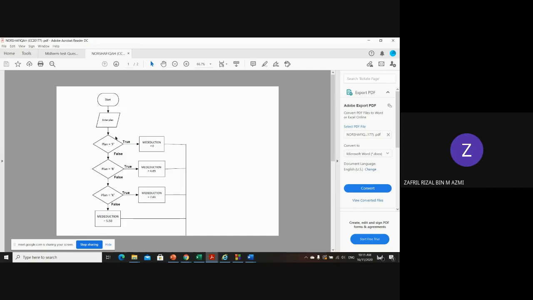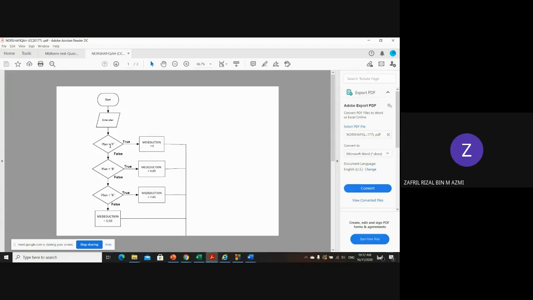But inside the decision symbol, as I told you before, for comparison, because in a decision you need to compare. If you do it like this, it means you want to give the variable plan a value of f, not compare the value of plan with f. If you want to compare whether plan is f or not, then you need to use double equal, so two equals over here.